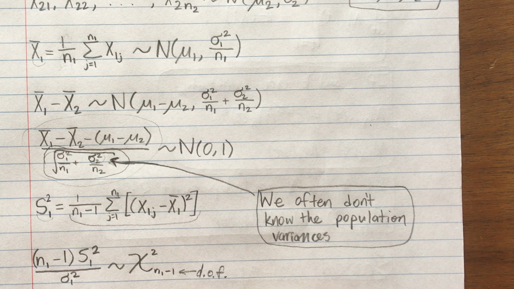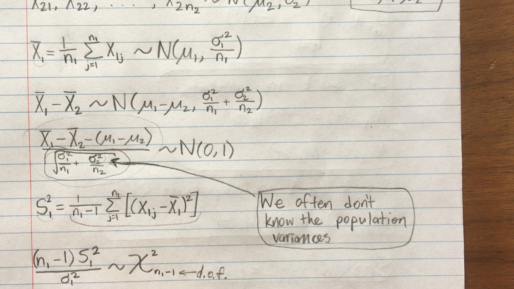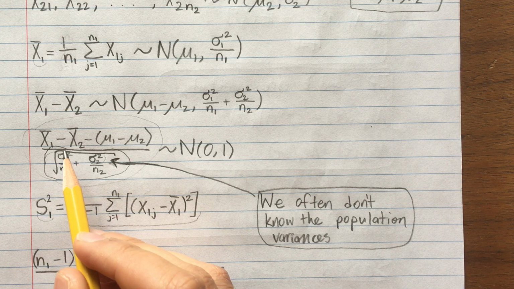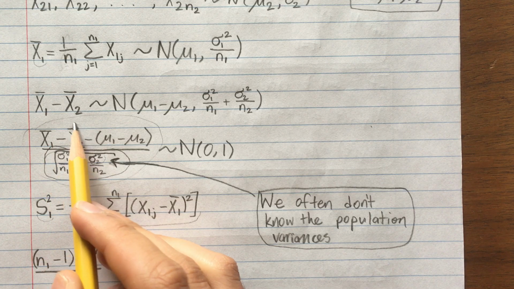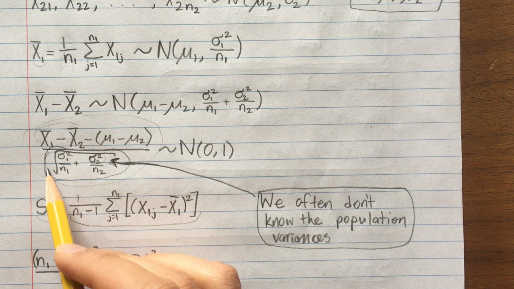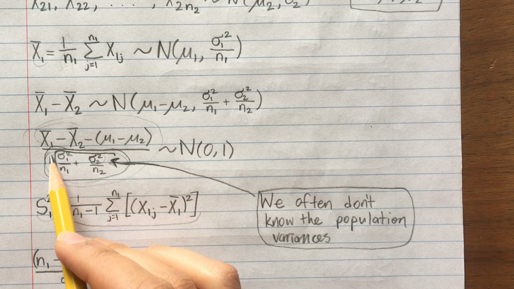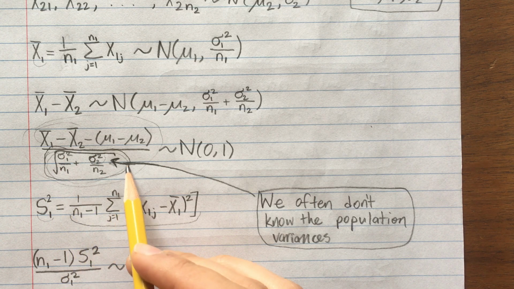Now we know from a theorem that S1 squared, the sample variance, if you standardize it by multiplying by this, you get a chi-squared distribution with n1 minus 1 degrees of freedom, right? But our standard error for the difference between sample means is this whole part here.